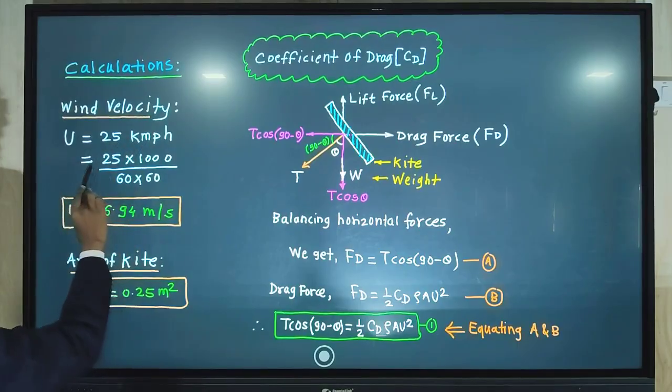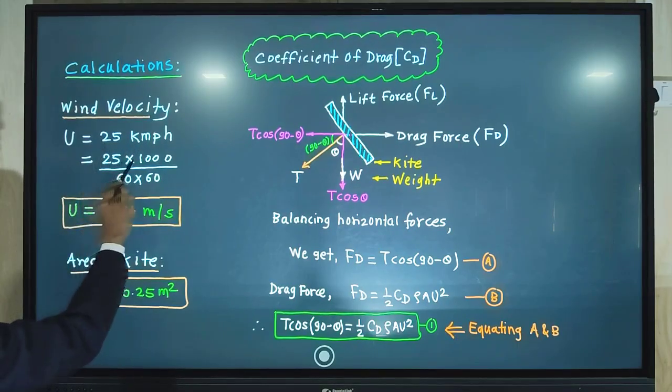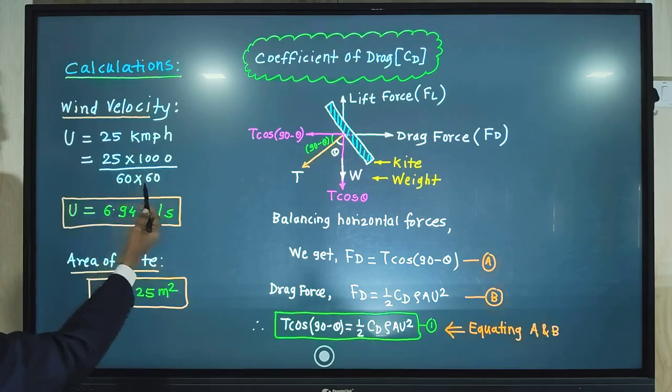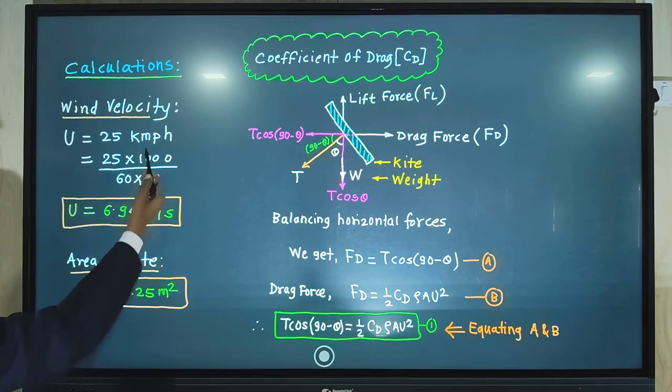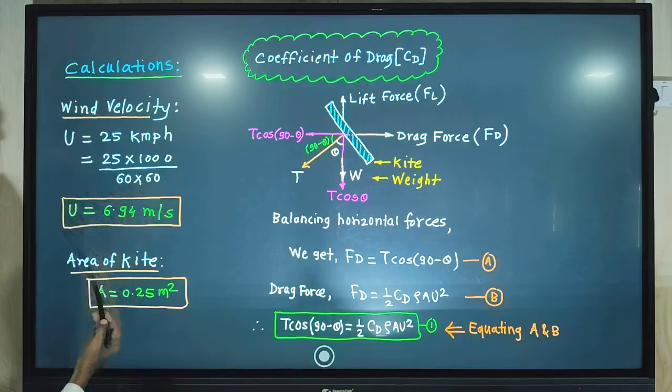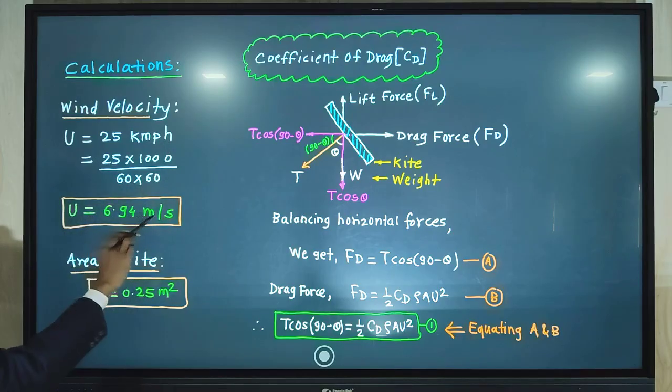So we convert that by multiplying 25 into 1000 divided by 60 into 60. 1000 is the conversion from kilometer to meter, and 60 by 60 in the denominator is the conversion from hour to second. So we find the answer in meter per second of wind velocity.